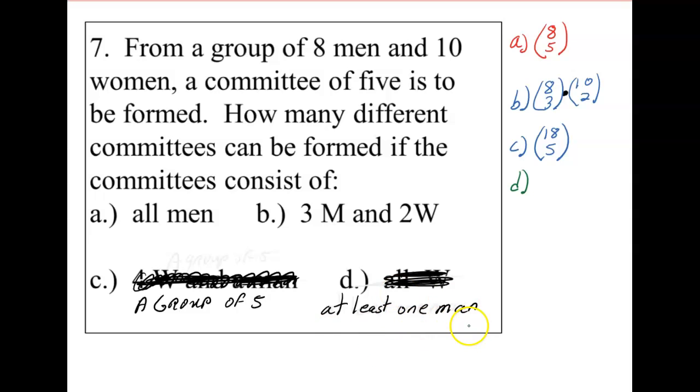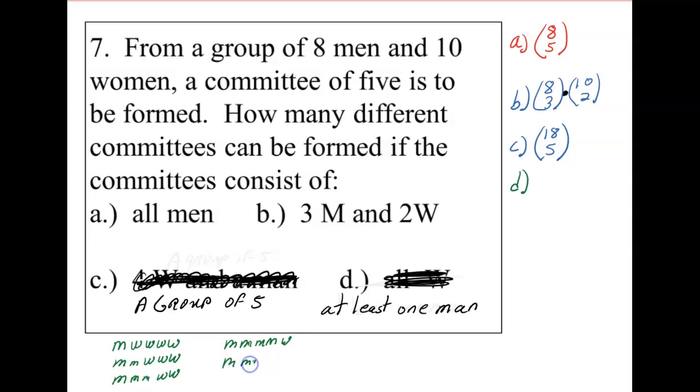If you want at least 1 man, that means you have 1 man and then the other people could be women. You could have 2 men, 3 women. You could have 3 men, 2 women. You could have 4 men, 1 woman.